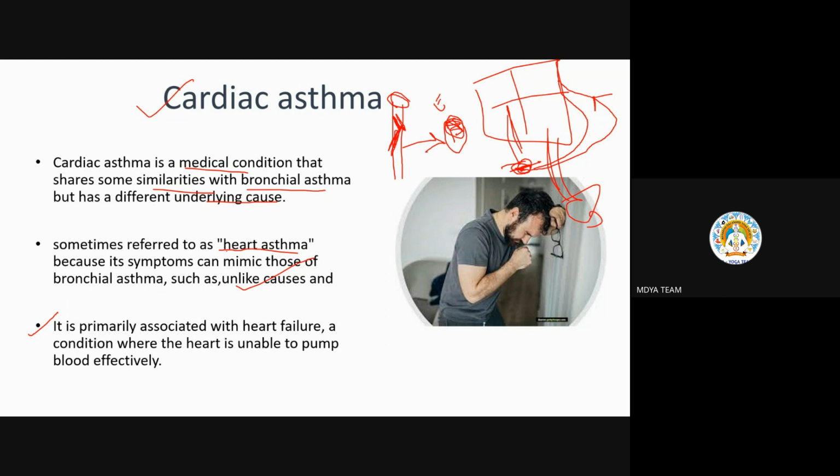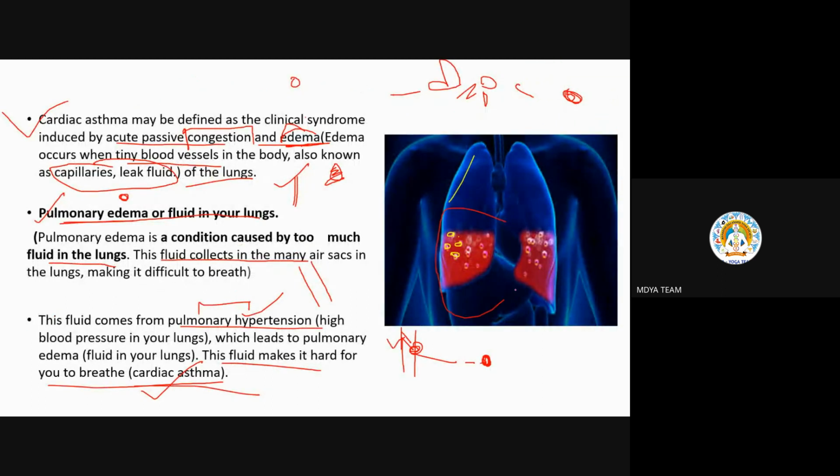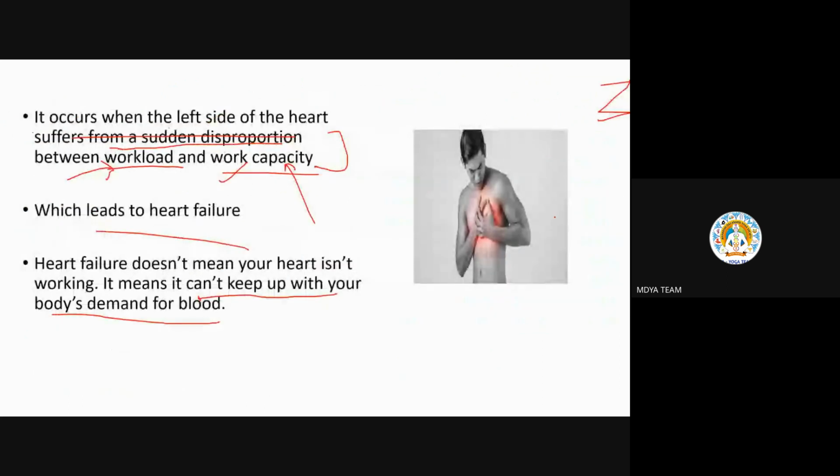This is how edema and congestion happen in the lung region, and it becomes difficult for air to go in, and the heart is unable to fulfill the requirements of the body. This condition is called cardiac asthma. Now I have summarized the whole thing. Yes, ma'am. Sure.